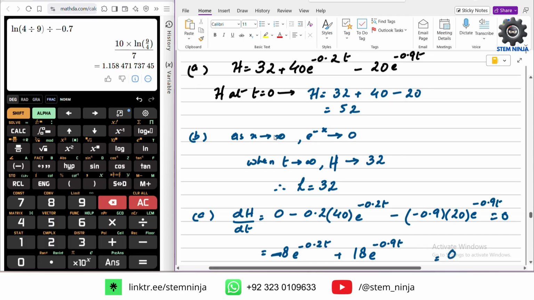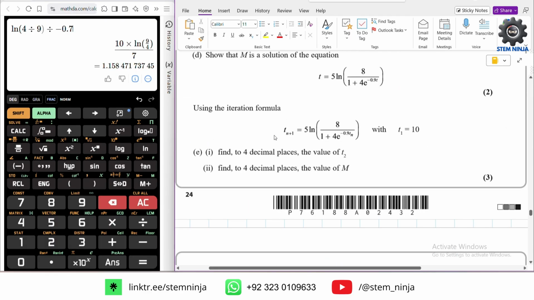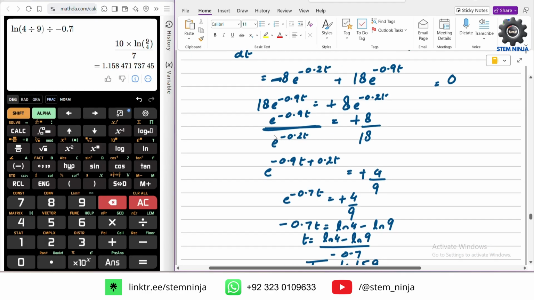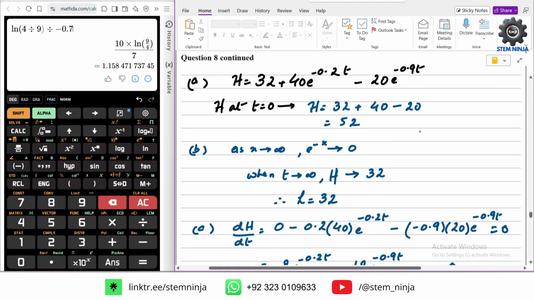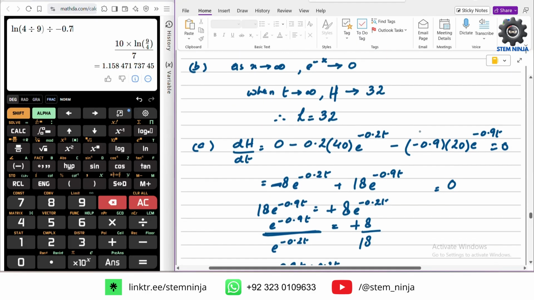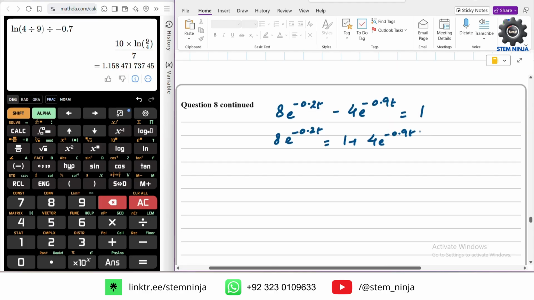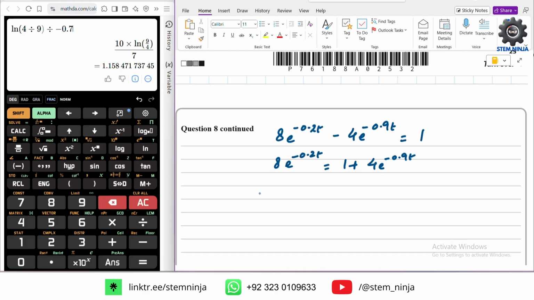So 8 e raised to power minus 0.2t equals 1 plus 4 e raised to power minus 0.9t. Wait a second. Is that what's under? Right. Yeah. We'll figure this out in a second what this means. Let's take ln on both sides.